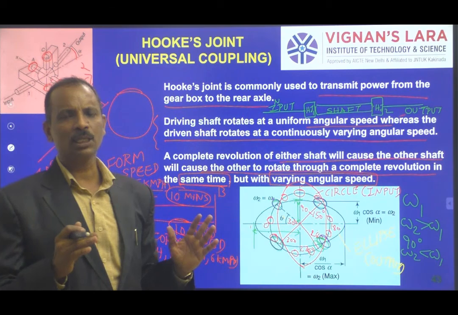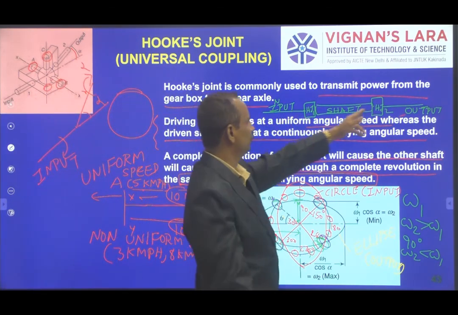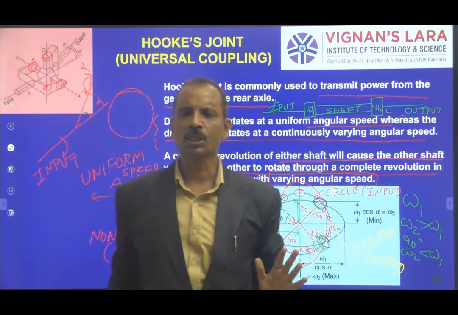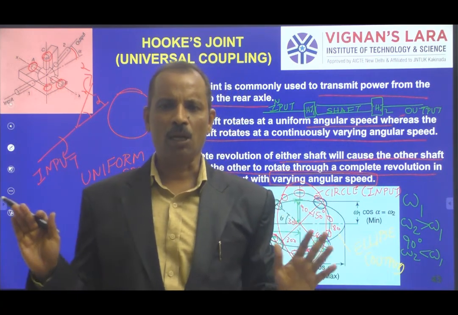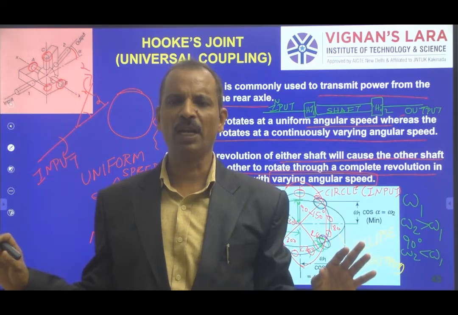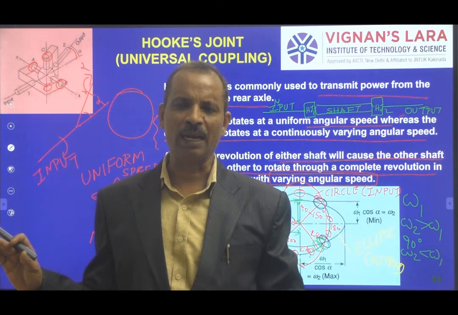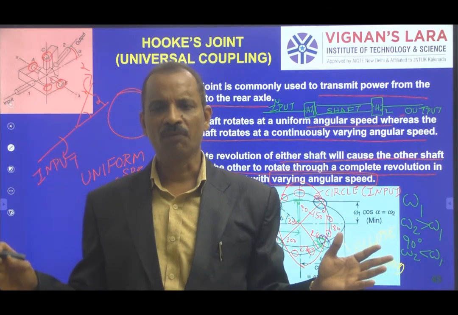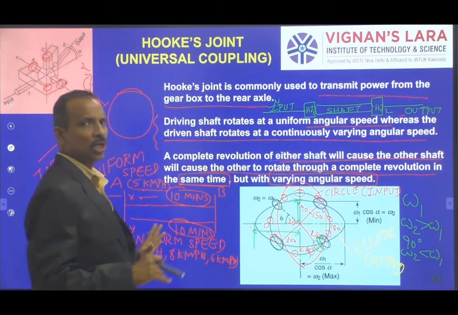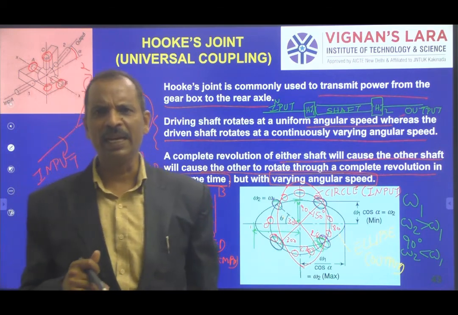So at both ends of the intermediate shaft, one hook joint is connected like this. So when you go outside, you watch a four-wheeler, a lorry or a bus, and you can observe there is a long tube which is a propeller shaft, connected by one hook joint on the left and right side of it. From there you will have your gearbox shaft, input shaft, and your differential shaft, that is the rear end connection.